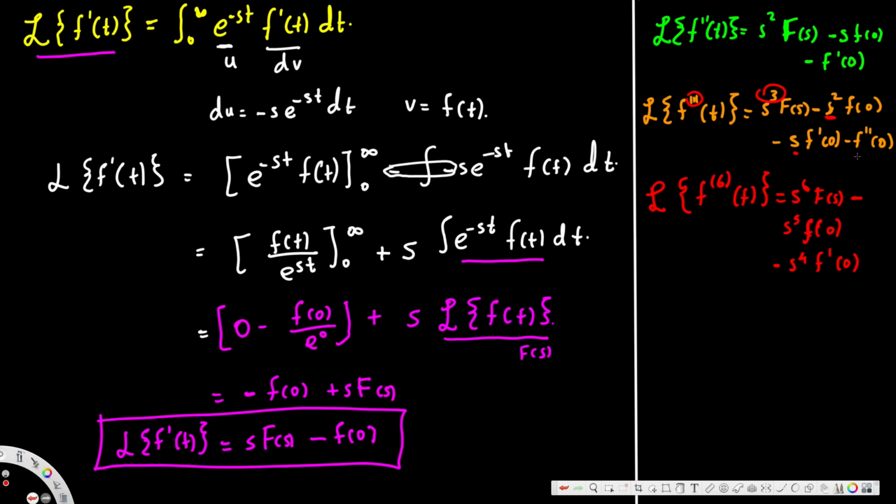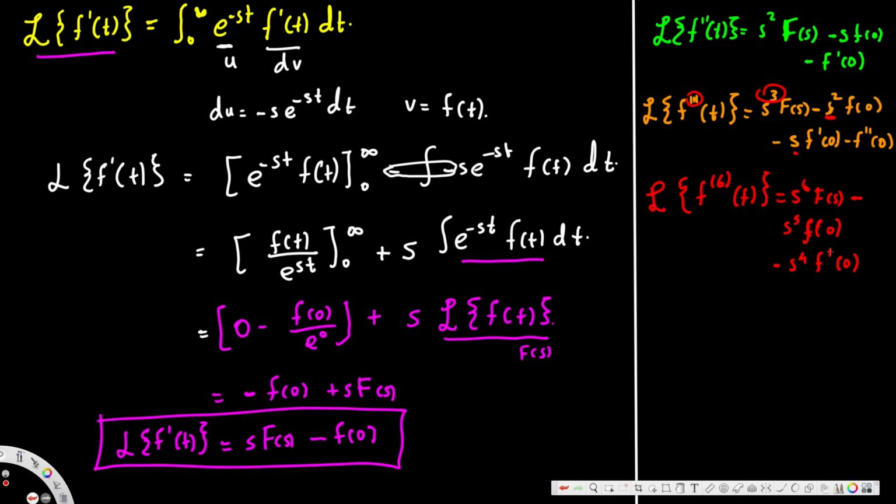Then at the end, we have to take all the derivatives. Like if it's third derivative, we have second derivative, first derivative, but if it's sixth derivative, we have to have fourth derivative, fifth derivative, third derivative, second derivative, and first derivative.